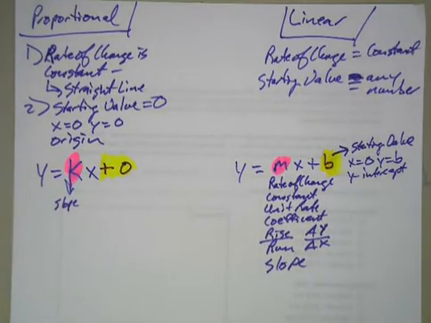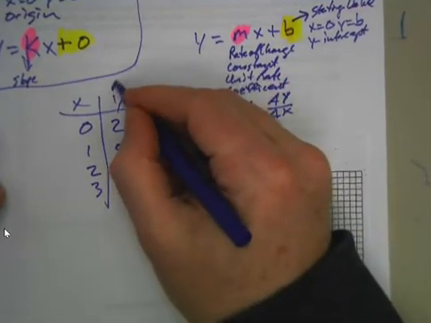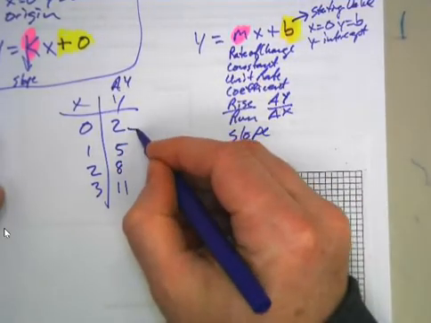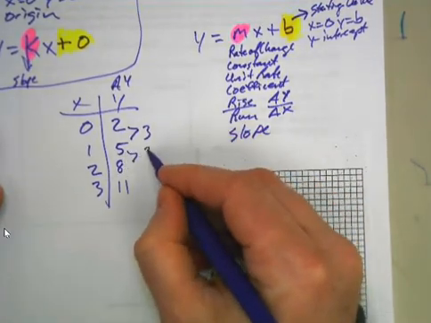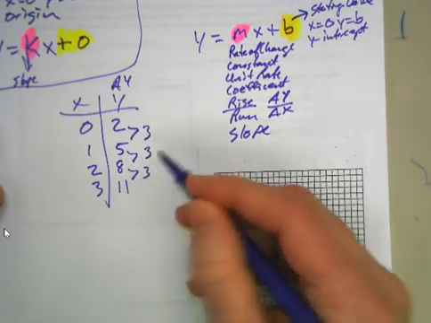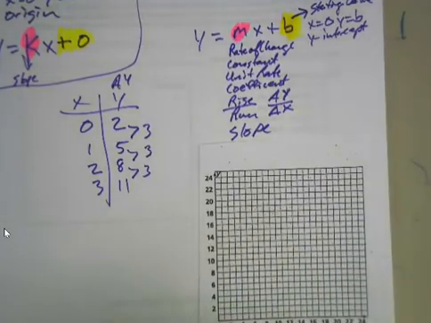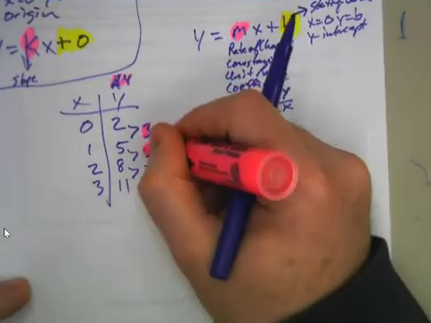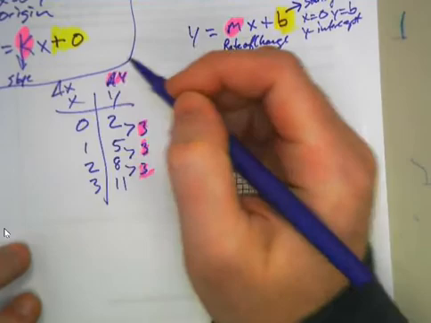So let's take a little look at a graph and a table. Let's look at our table. We're going to look at our delta y, which is our change in y. 2 to 5 goes up 3, 5 to 8 goes up 3, 8 to 11 goes up 3. So our delta y is going to be 3 each time. Our delta x, change in x, is 1, 1, 1.